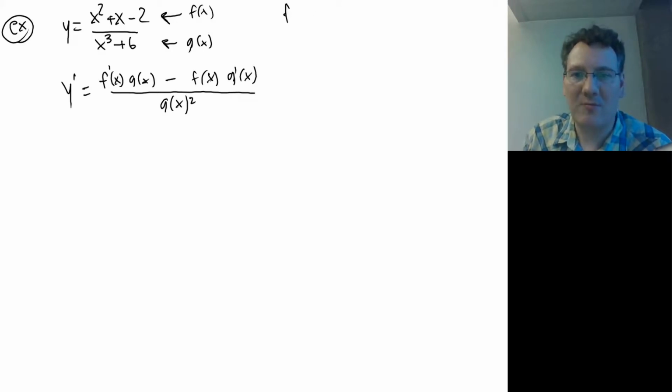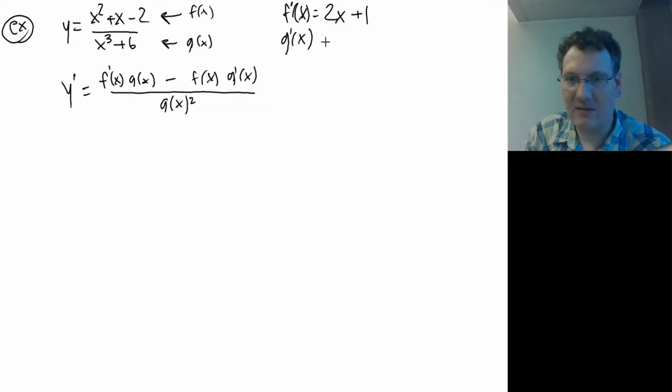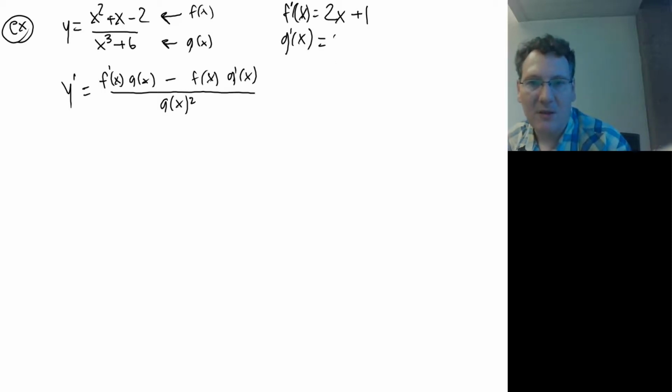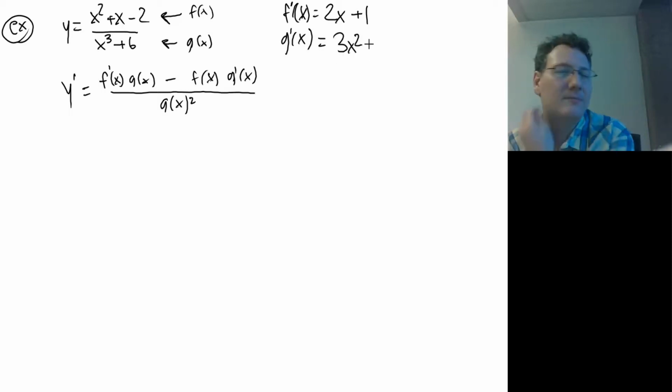So what is f prime of x? The derivative of this polynomial in the numerator, using the product and the sum rules, is 2x plus 1. g prime of x is going to be 3x squared.